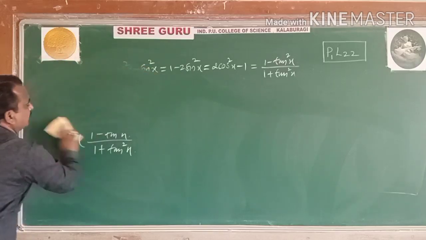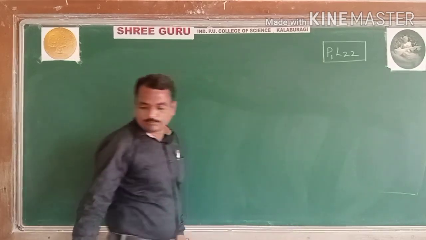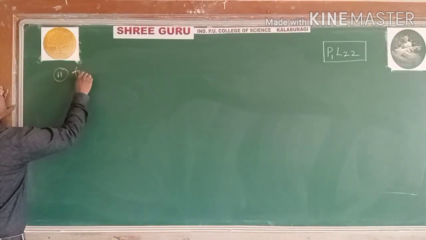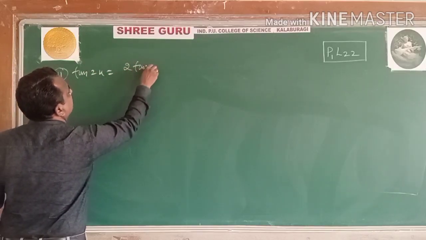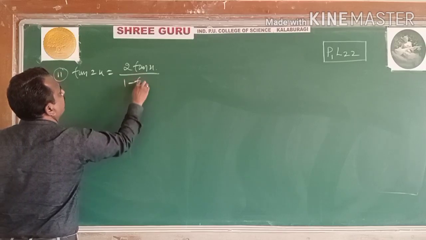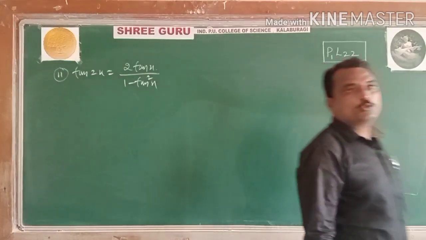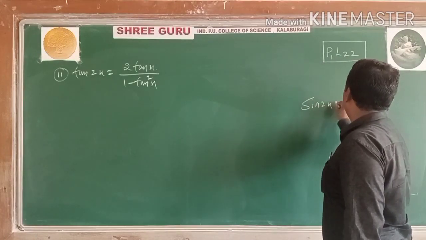Now let us see tan 2x. Tan 2x equals 2 tan x divided by 1 minus tan square x. No confusion, students.